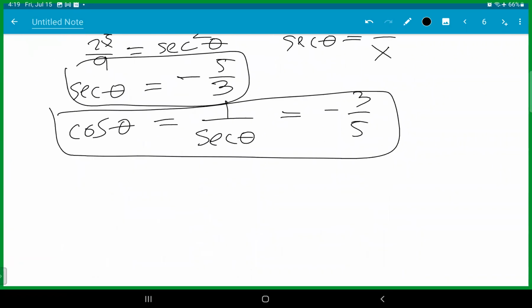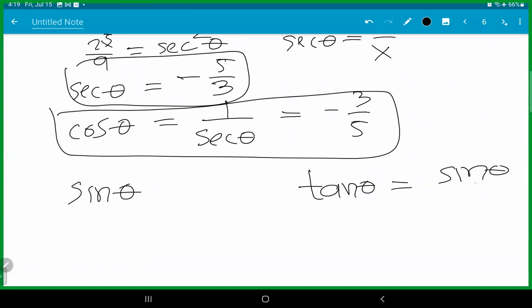Also, we can get sine theta. And ano pa yung isa? Cosecant. No? Now, this time, you will have to use the fact that tangent theta equals sine theta over cosine theta.